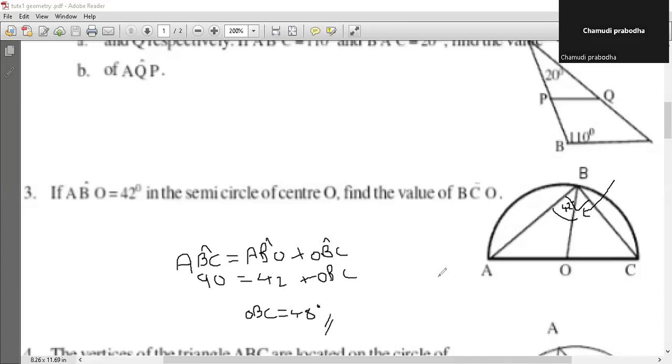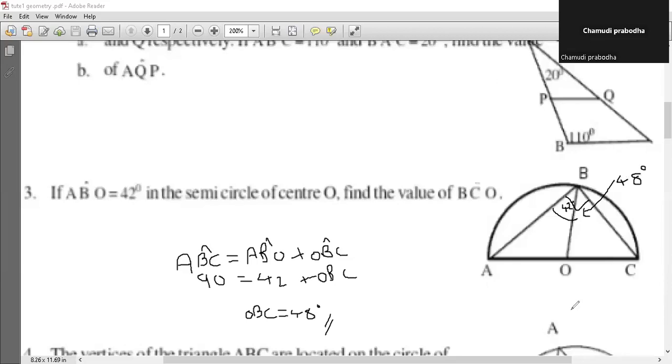But it is asking about the angle BCO. We have found that the angle OBC equals 48. Now we have to find the value of the angle BCO.